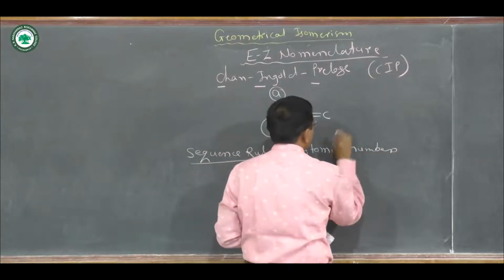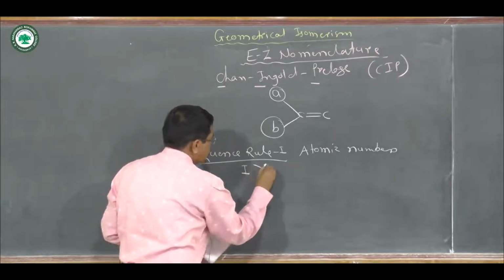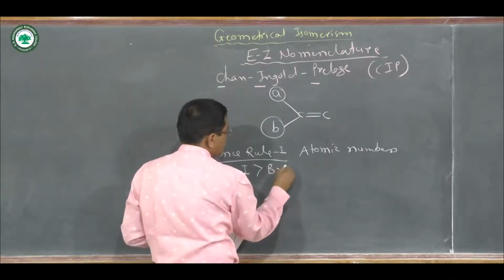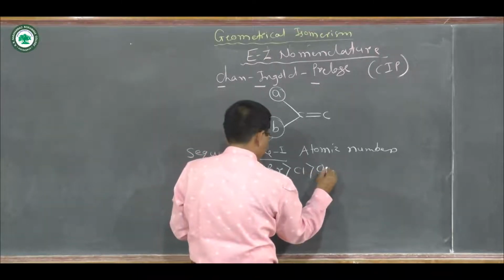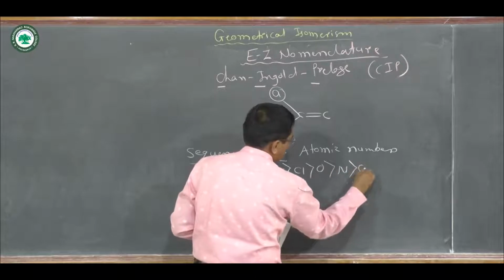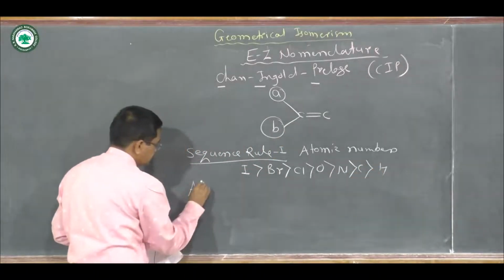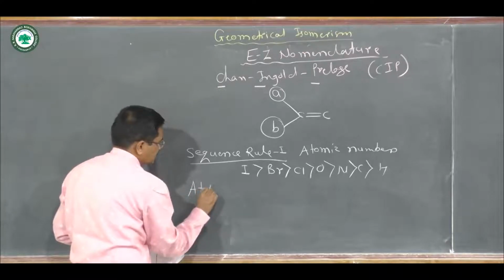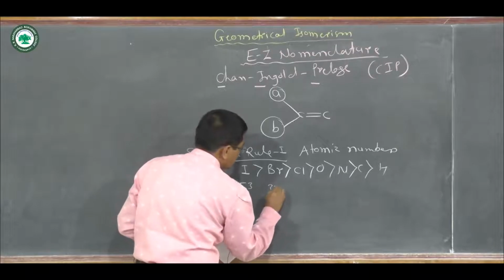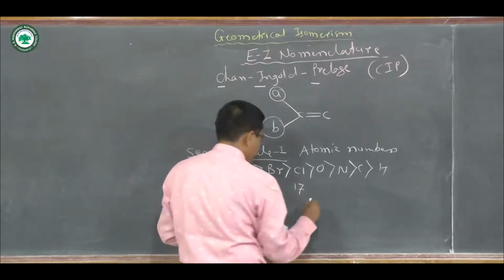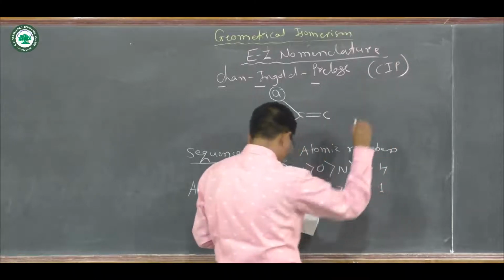Here are some elements we will use frequently, with atomic numbers: 53, 35, 17, 8, 7, 6 and 1.